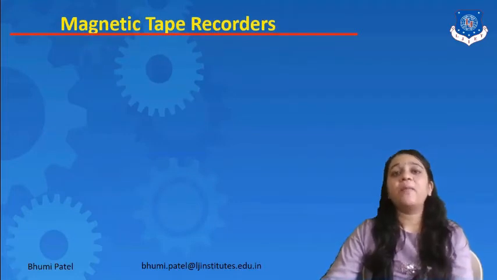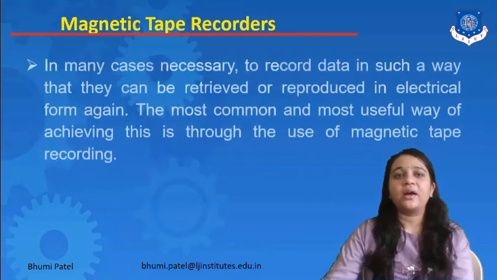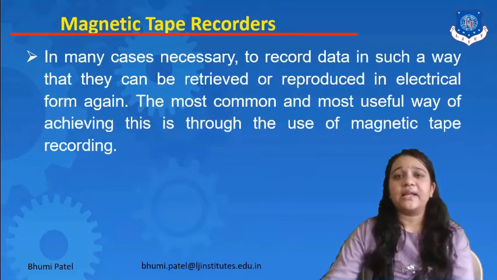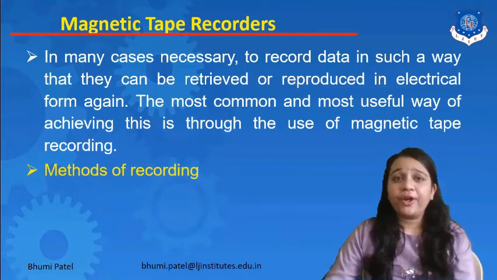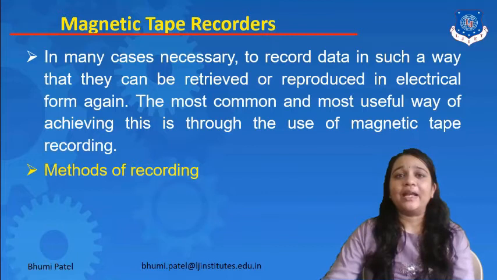Now the next one is the magnetic tape recorder. In many cases it is necessary to record data in such a way that it can be retrieved or reproduced in electrical form again. The most common and most useful way of achieving this is the magnetic tape recorder. There are different methods to use a magnetic tape recorder.